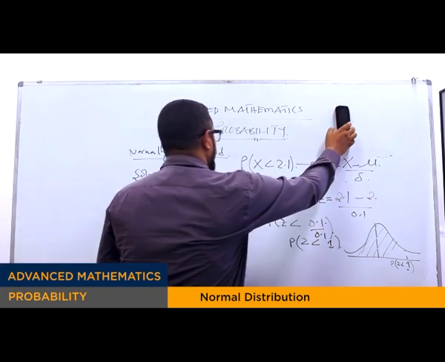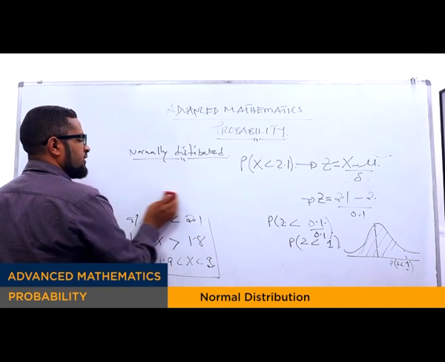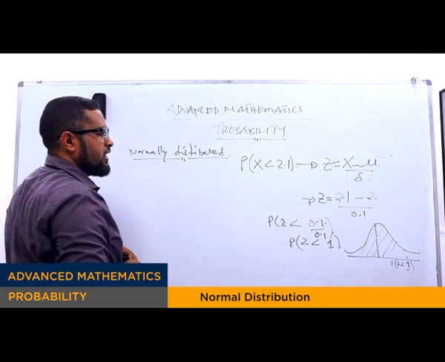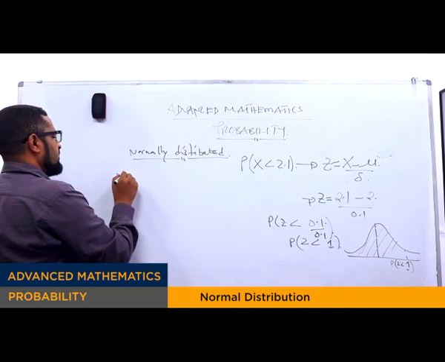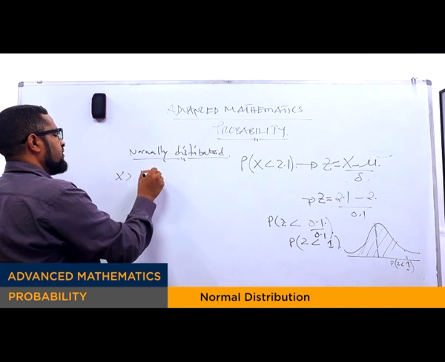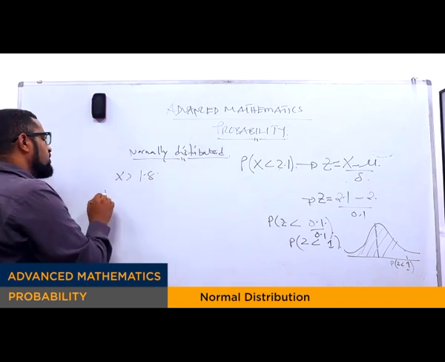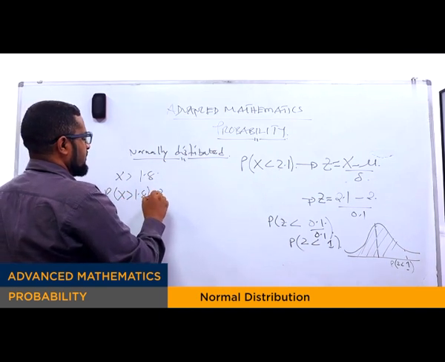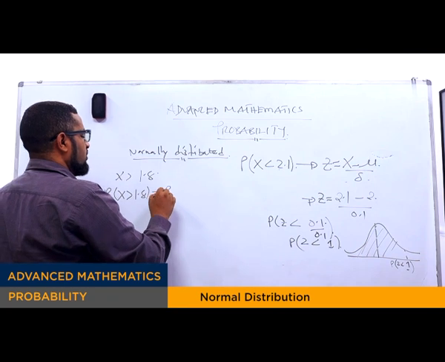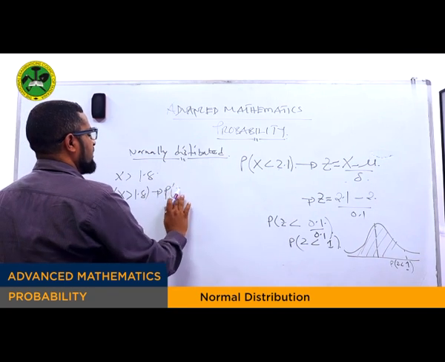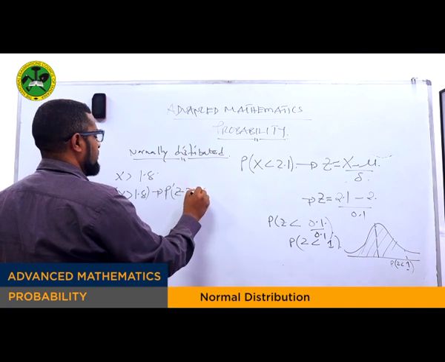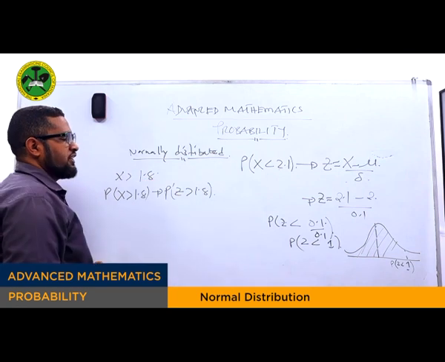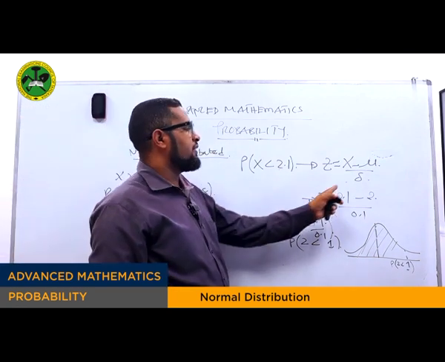Second case, when x is greater than 1.8. Here we are looking for the probability of x greater than 1.8. But in the standard normal, it will be z greater than that value, and remember what z is. Z, as I said, is given by this formula.